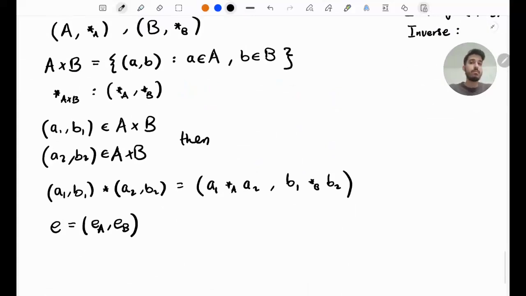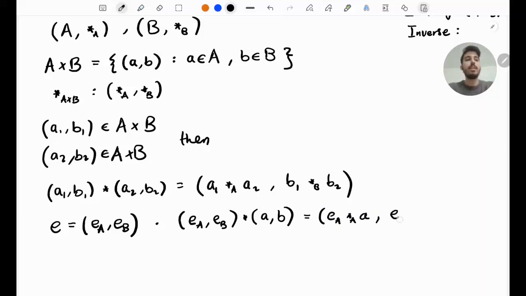And we're going to test that. (e_A, e_B) operating on any element (a, b) gives you e_A star A on a, and e_B star B on b. We will treat each component separately.